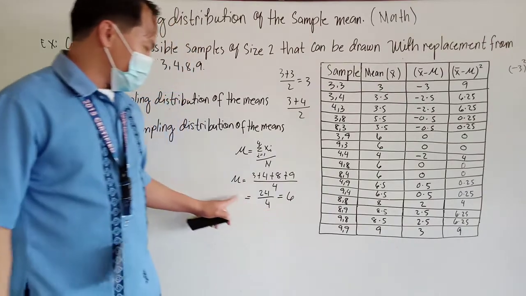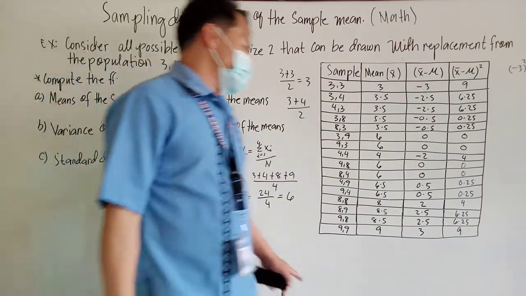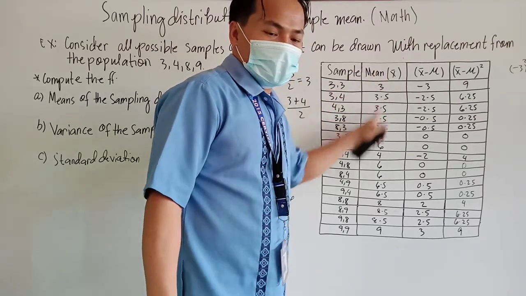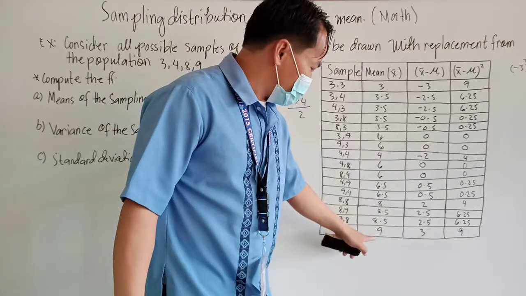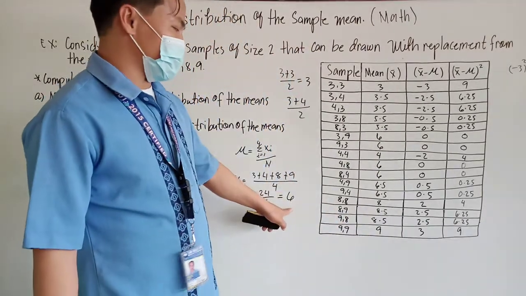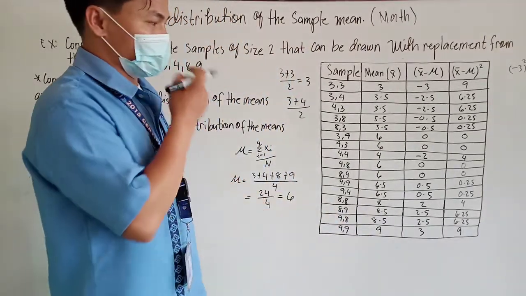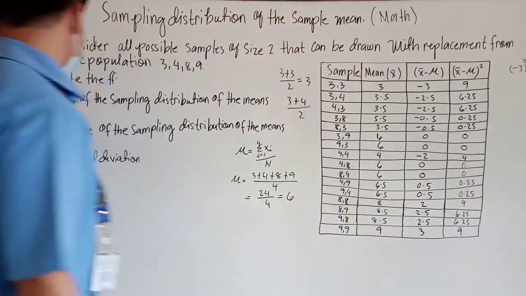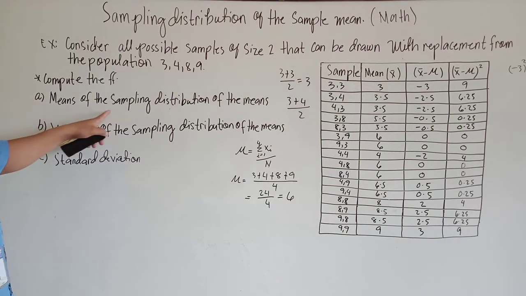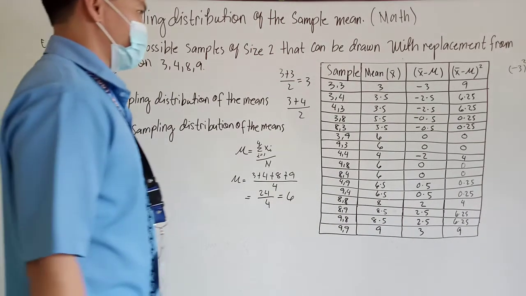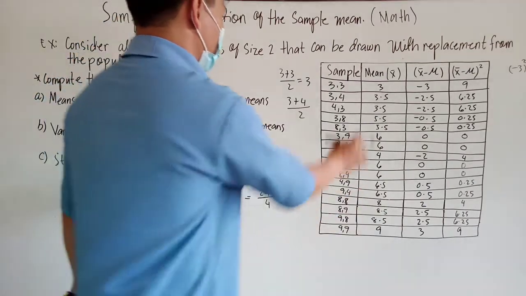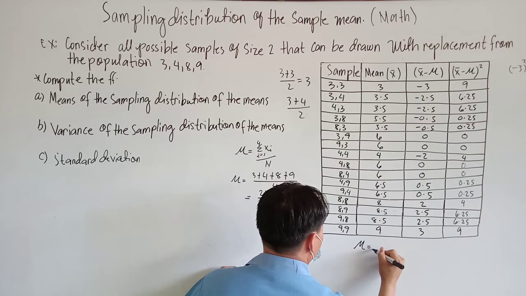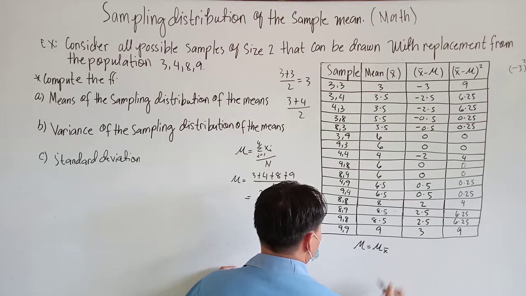Actually, the population mean would be the same as the average of all the sample means. If we add them all and divide by 16, we get the same result, which is positive 6. So for letter A, the mean of the sampling distribution of the means, remember that it is just equal to the population mean.